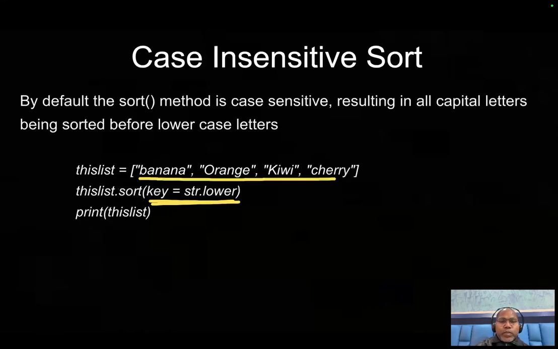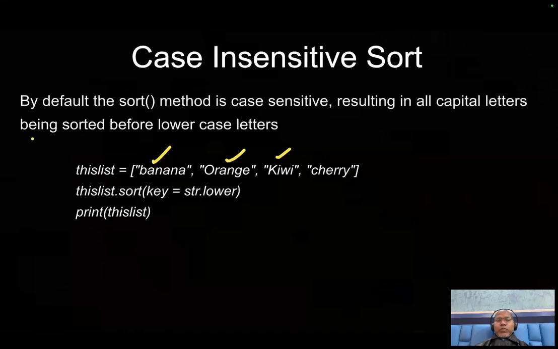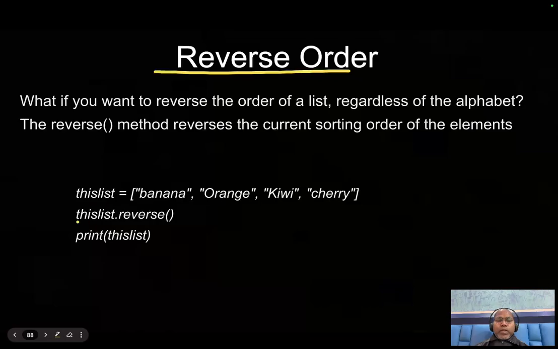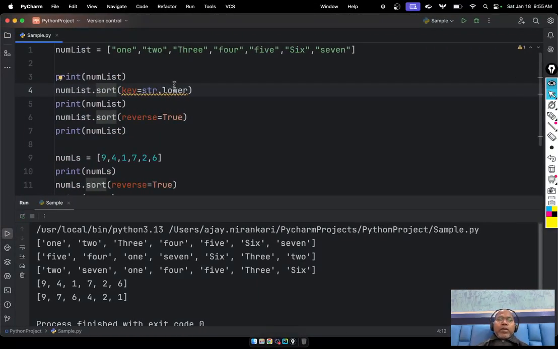Many times this is very helpful. Whenever your strings contain some capital letters and some small letters and you want smooth sorting, just convert to lower and then sort them. And instead of specifying the reverse order, you can simply use reverse. This is one function we have, reverse.